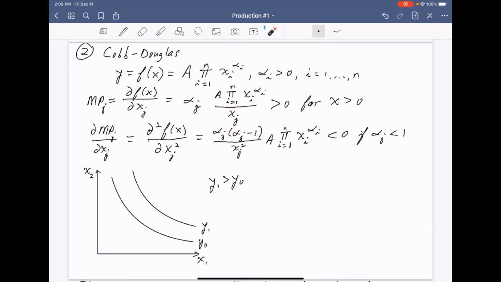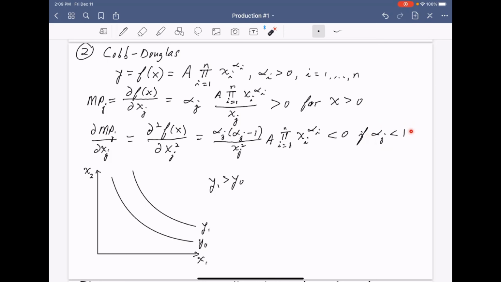If we take the first partial derivative of the marginal product of j with respect to xj, or we can write that as the second partial of f of x with respect to xj, we get a very similar result. Here again we have y, but now it's multiplied by alpha j times alpha j minus 1 over xj squared, and that has to be less than 0 if alpha j is less than 1.